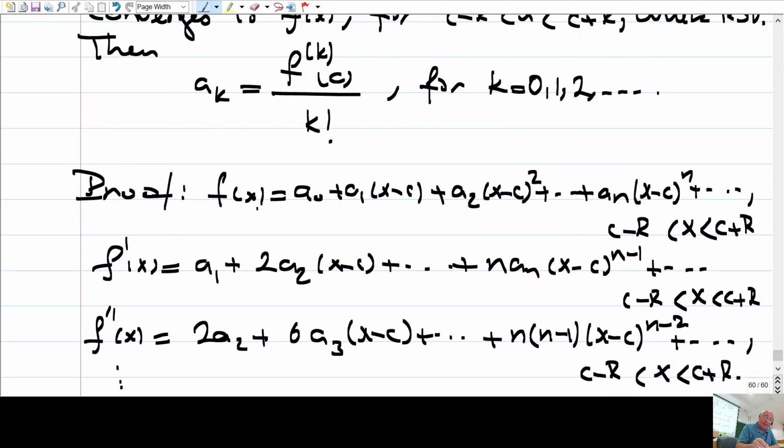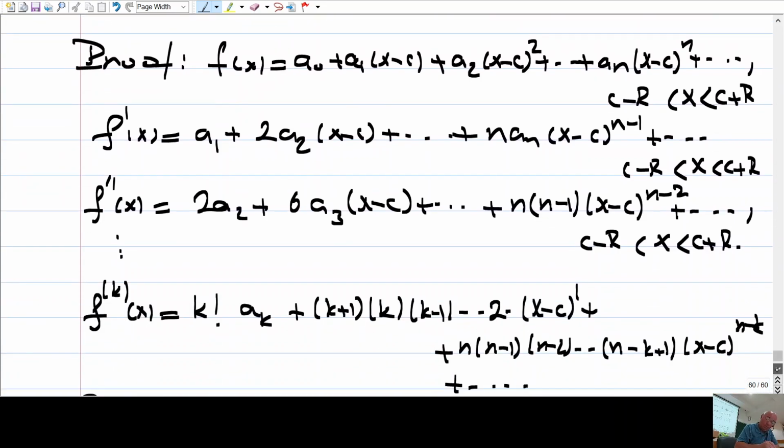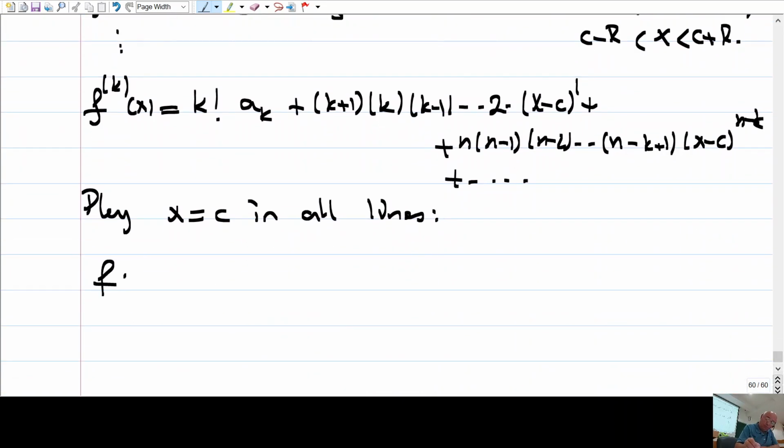If I plug x equals c here, I have c minus c, which is 0, so all these terms are 0. What is left? Only a0. So f of c is just a0.